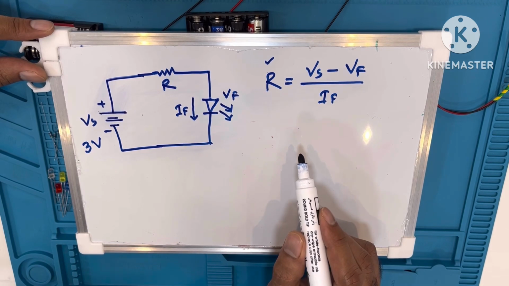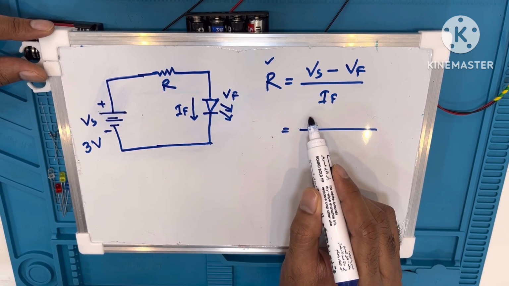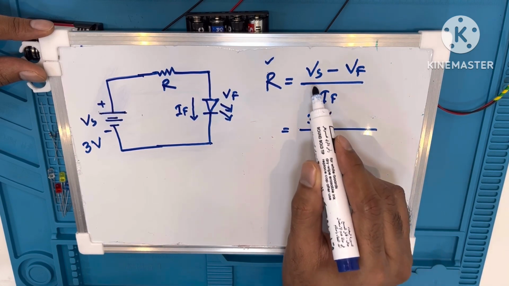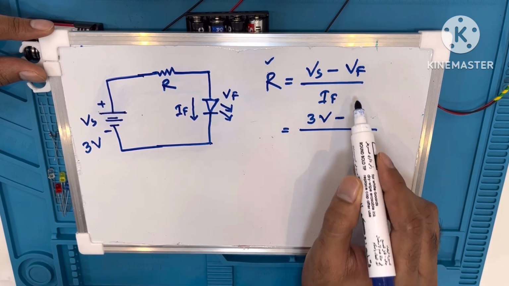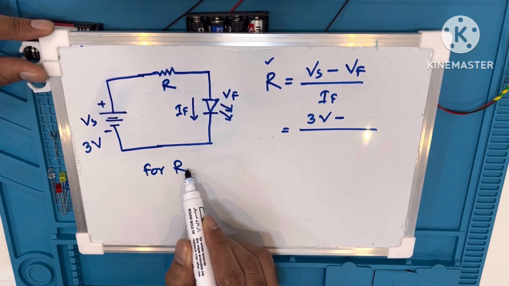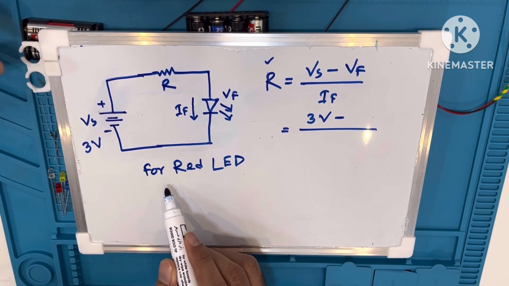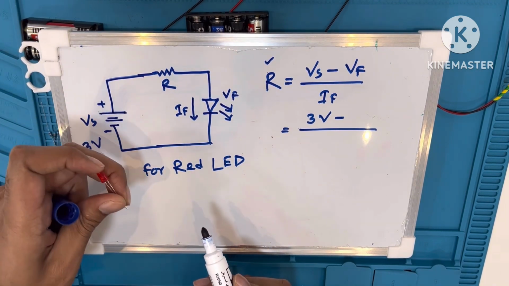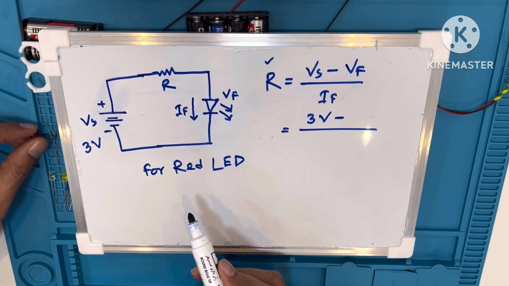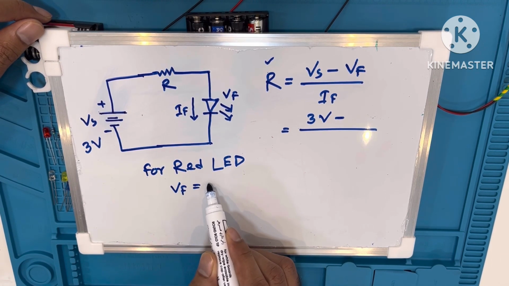For calculating R, let's put the source voltage 3 volt. For the forward voltage of the LED, we should check the data sheet. Let's consider this is a red LED. We can find the forward voltage and forward current for this LED from the data sheet.